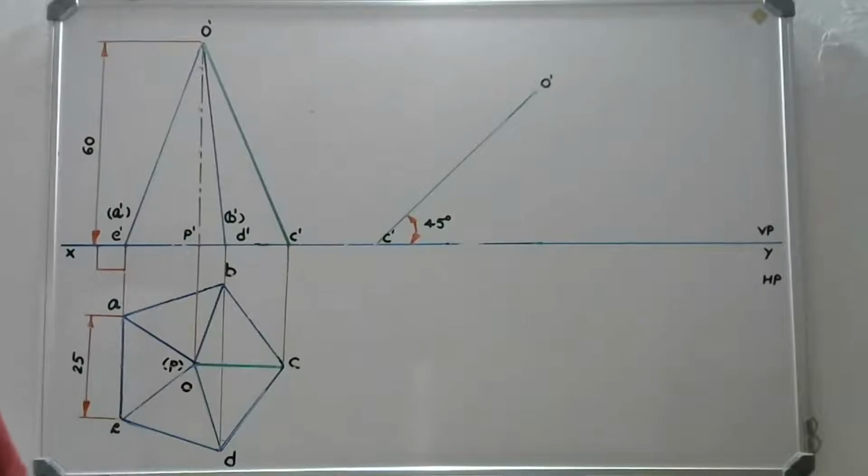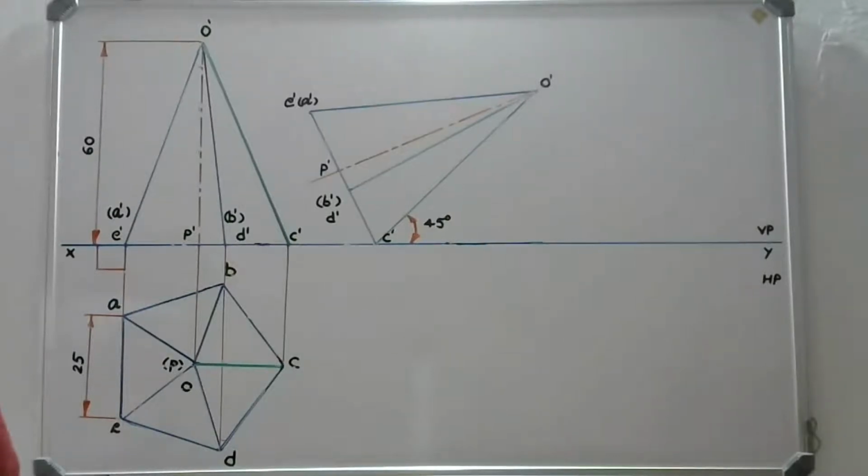The slant edge containing that base corner is inclined at 45 degree, which is visible in the front view. Now we maintain the base corner C dash on the XY line and the slant edge O dash C dash at 45 degree. Then copy the first front view on this line C dash O dash. Now we have completed the required front view based on our condition.